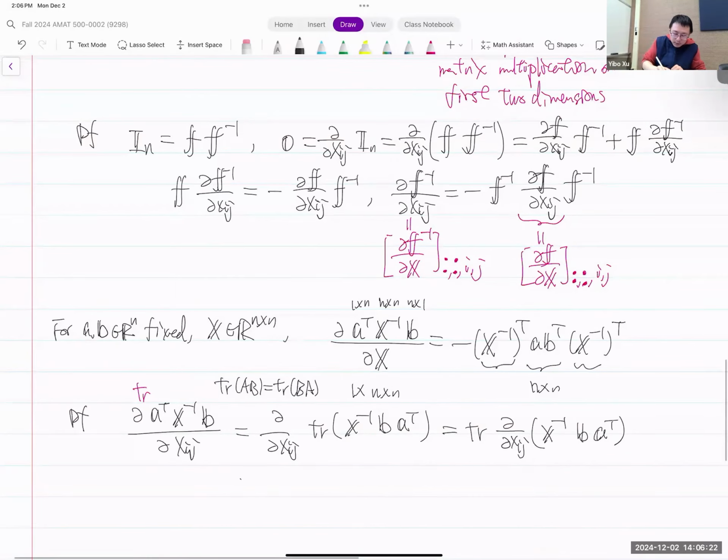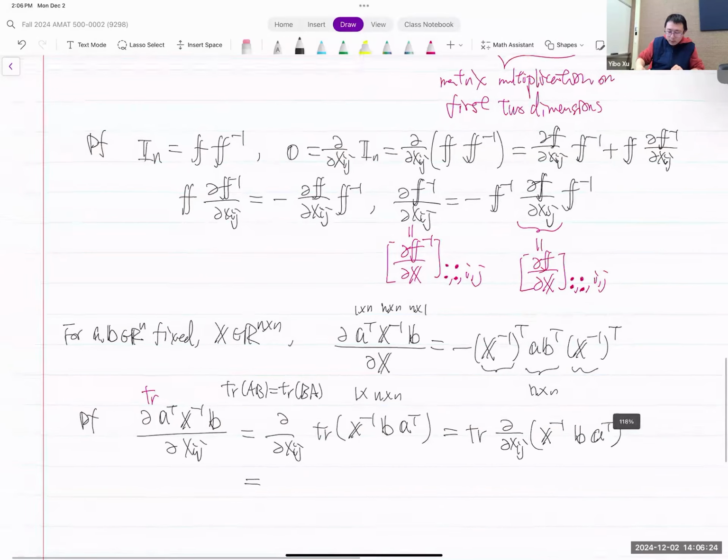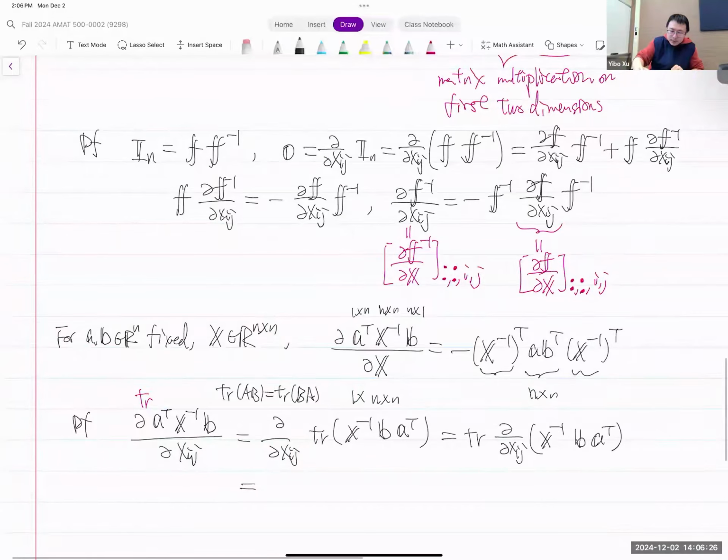And now what do I do? I have a product, but I do realize that this part is constant. So B A transpose doesn't change. So the partial only applies to the first part, del X inverse del Xij, multiplying by B A transpose.